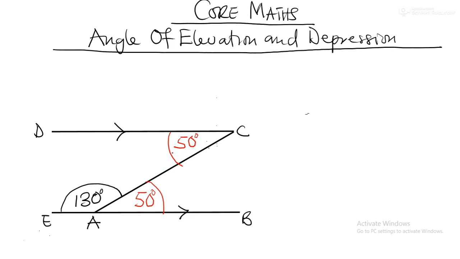So we can conclude that the angle of elevation is the same as the angle of depression, because they are alternate angles. This is a good point you have to take note of.